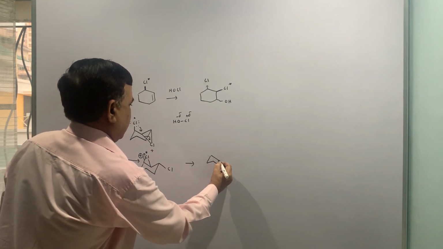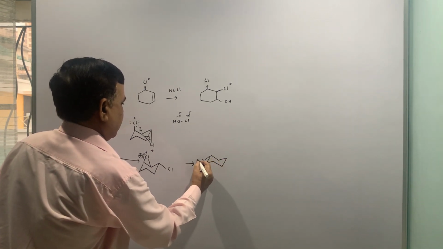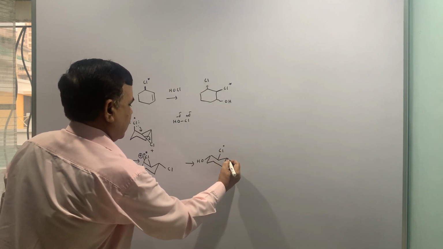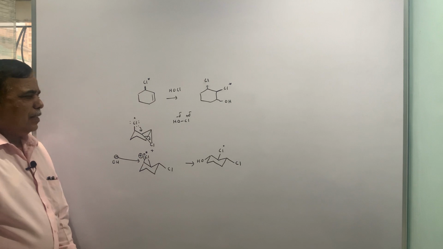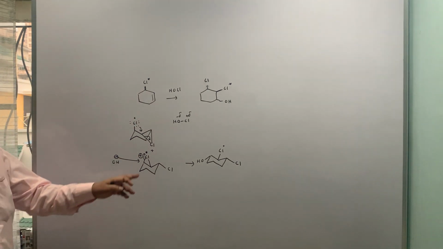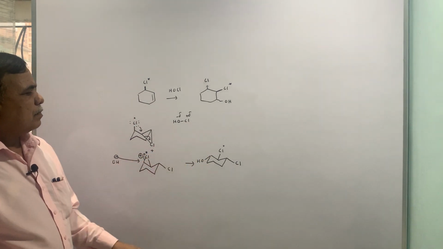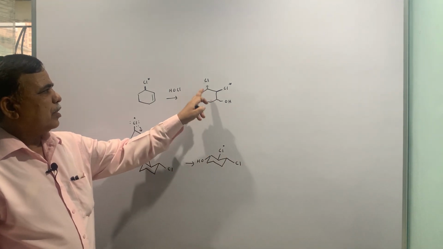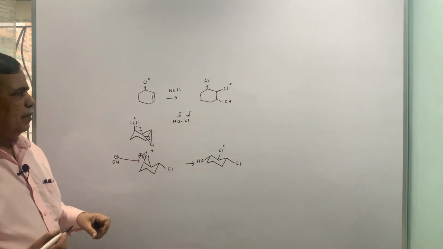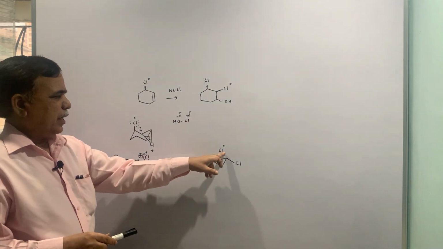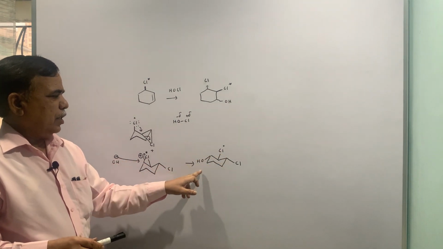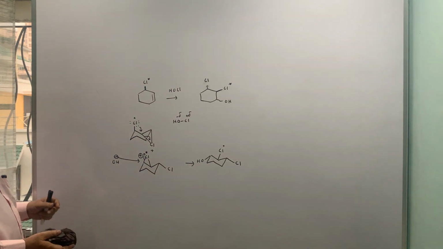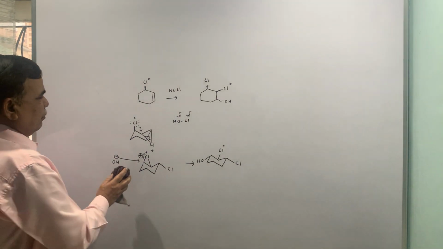So this becomes OH below the plane, Cl the labeled one which is here, and Cl the same. Cl, Cl, OH, the relative positions are the same. This is beta equatorial, these two are alpha equatorial. So that is the small rearrangement which is happening through chloronium ion formation.